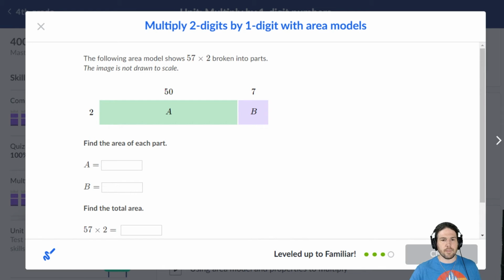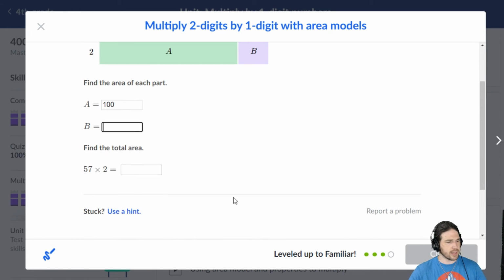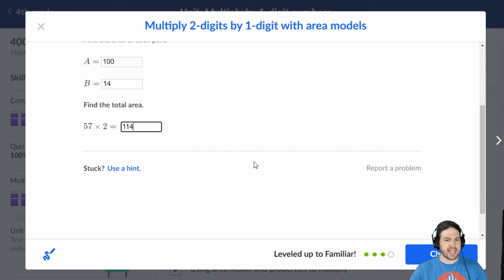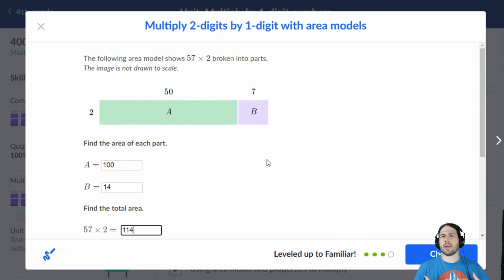So once again, we have 2 times 50 to get this green rectangle, that's 100. And we have 2 times 7 is 14 for rectangle B, I guess we could call it. So 57 times 2 is 114. And again, I can more or less quickly in my head confirm that that's true because this is how I would do that multiplication in the first place.